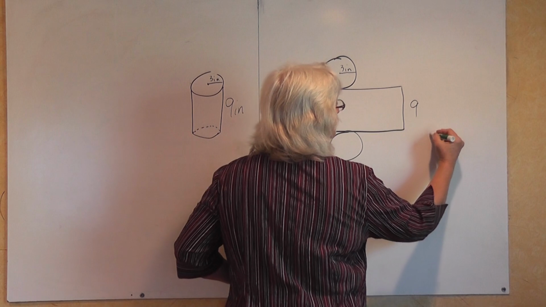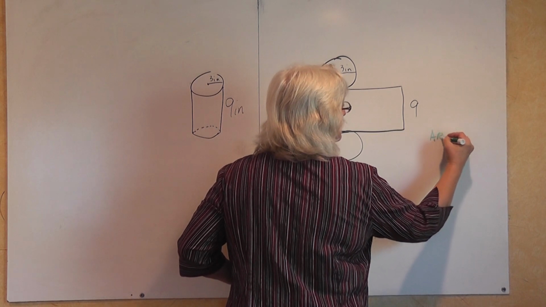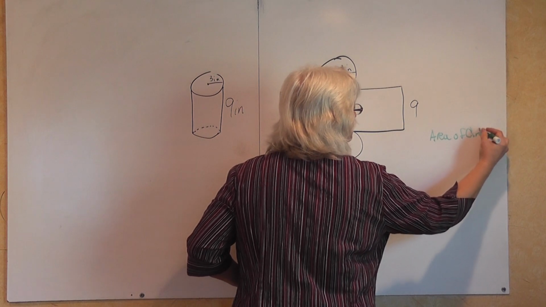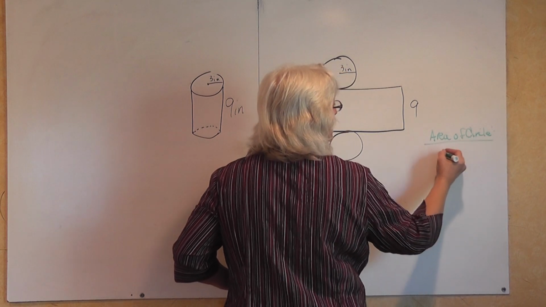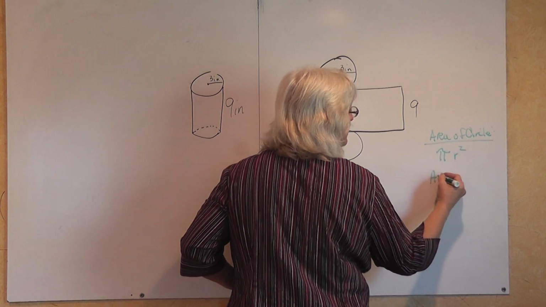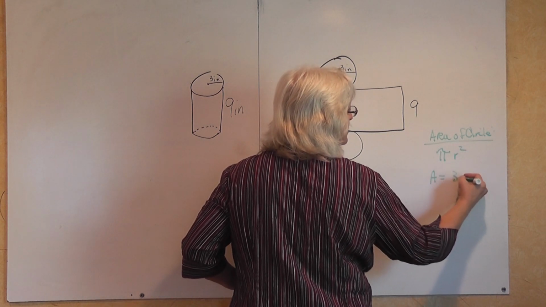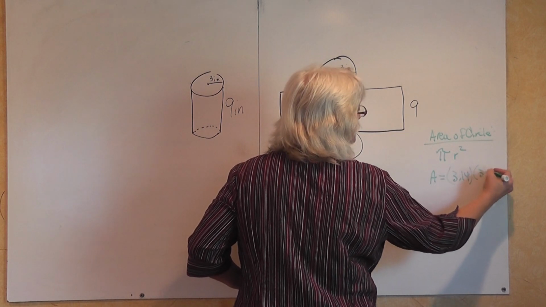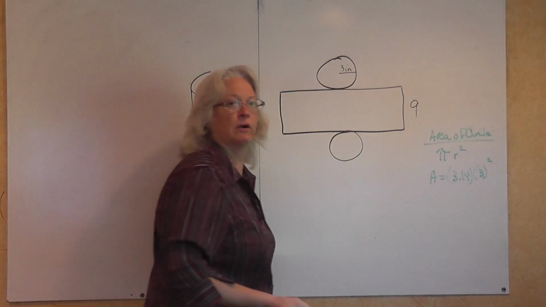Over here, area of circle, pi times the radius squared. So the area of this figure is going to be 3.14 times 3 squared.